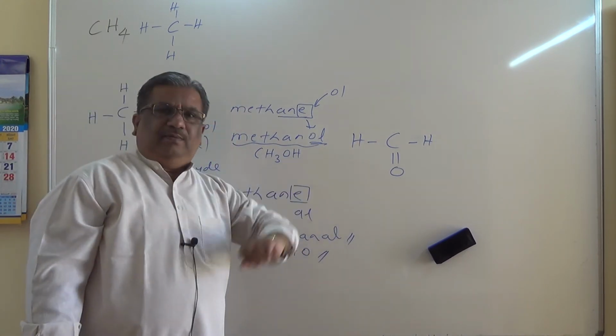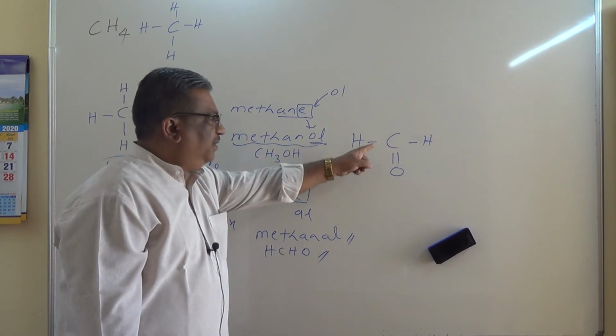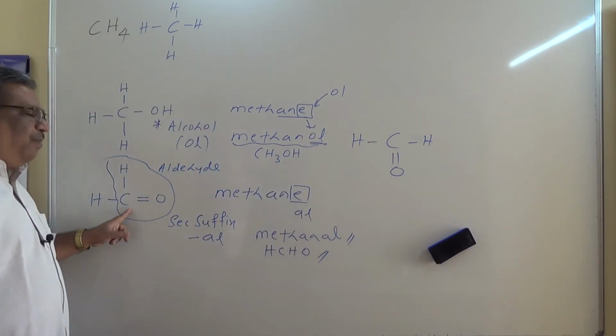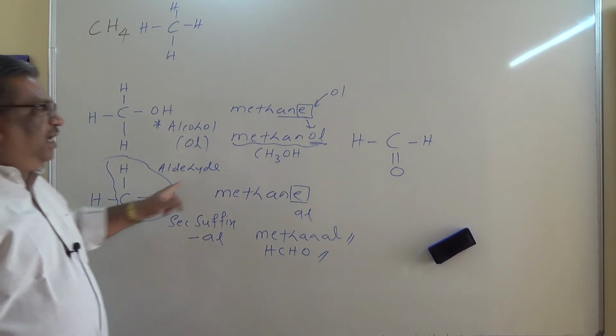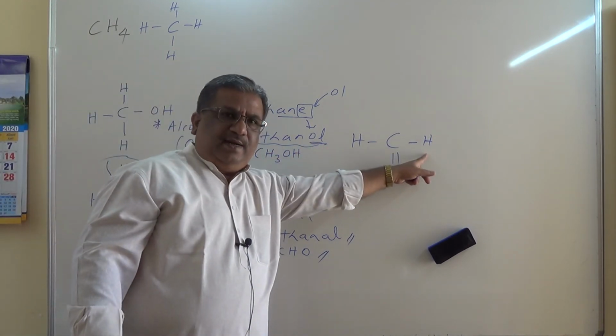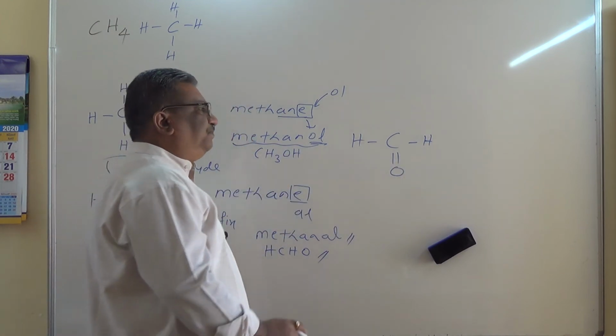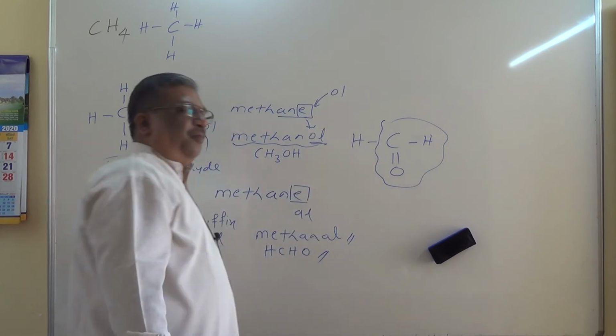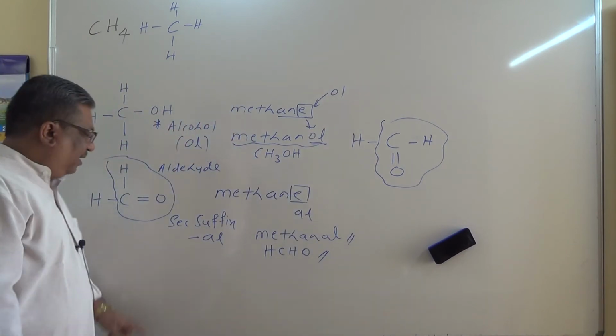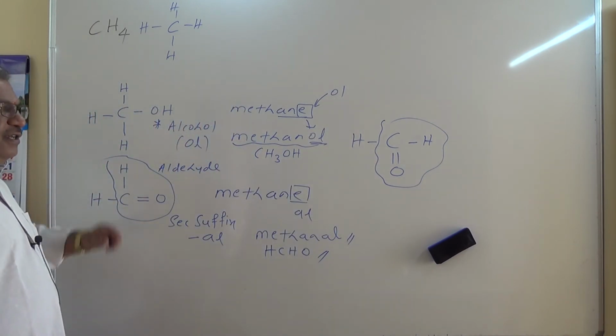Is it a ketone? What is the difference between this compound and this compound? Absolutely there is no difference. And therefore, if I put hydrogen on both the sides, I have to read this as RCHO group only. That is aldehyde group only. That is HCHO, RCHO group.